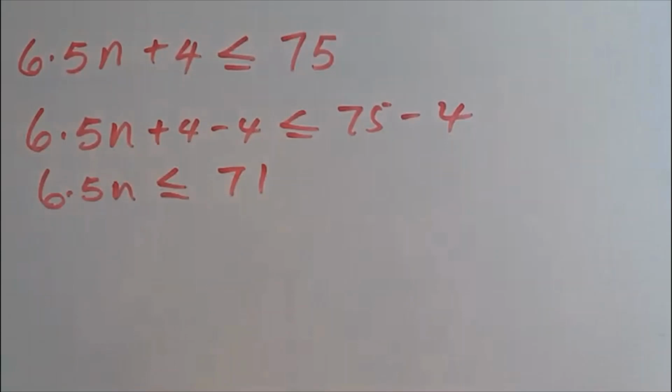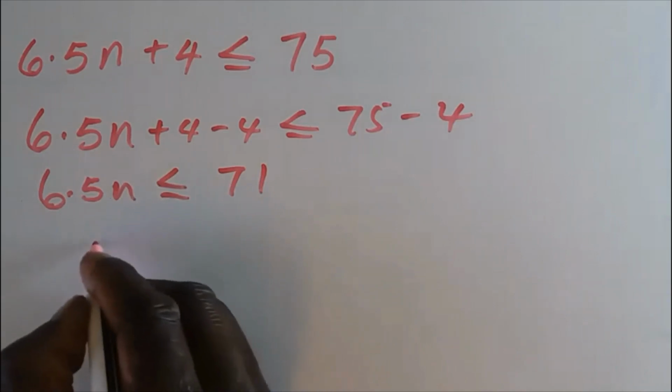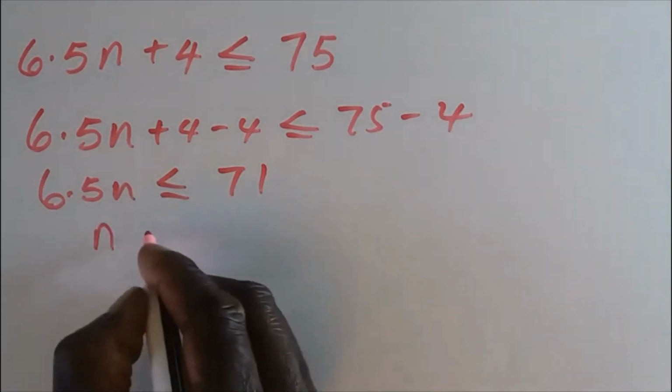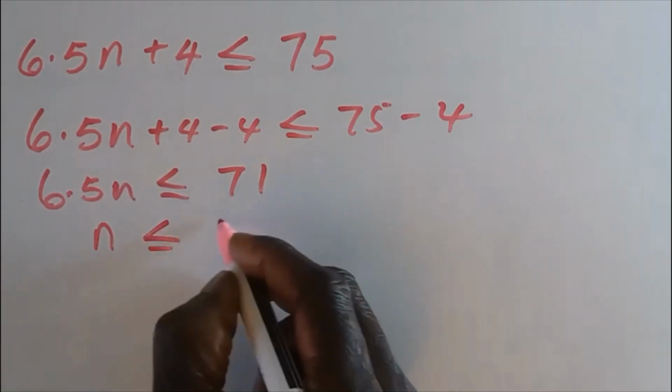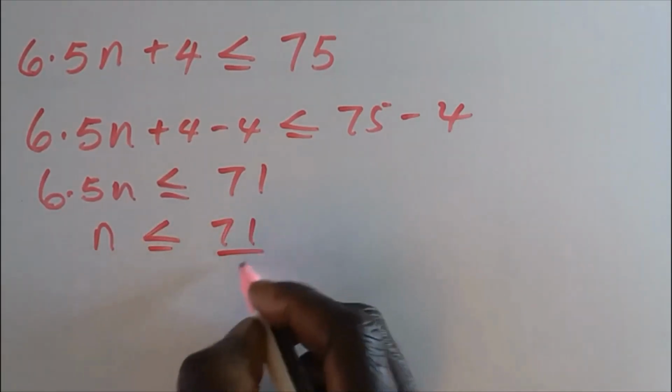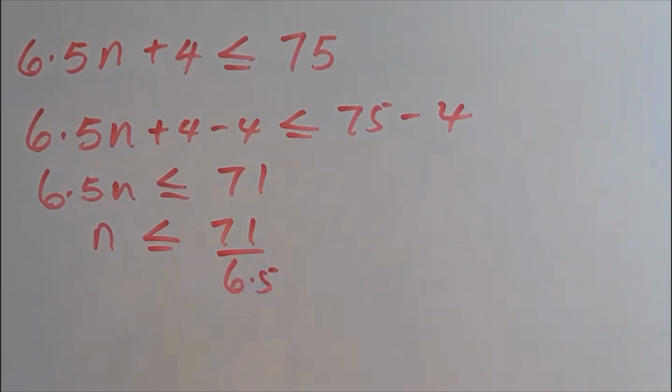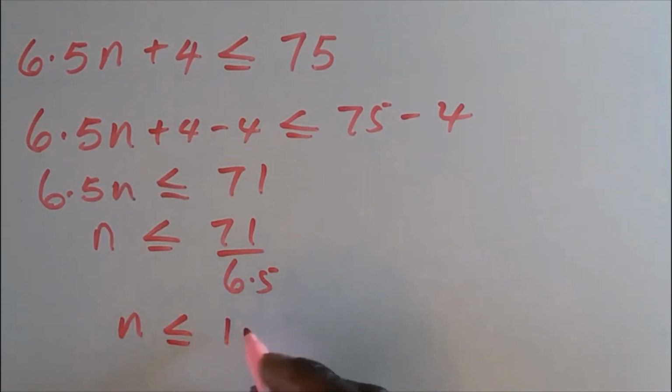And n represents the number of CDs, the maximum number of CDs that can be bought. So we can find n by dividing both sides by 6.5, to get n less than or equal to 71 over 6.5. To get rid of our decimal, we can multiply the top and the bottom by 2. So we have n is less than or equal to 142 over 13.